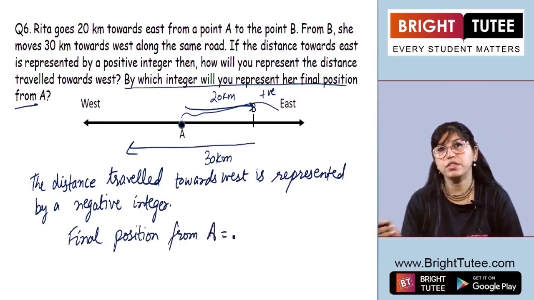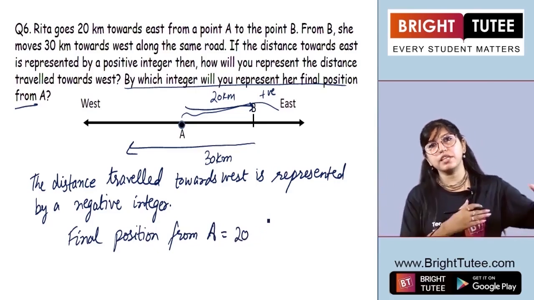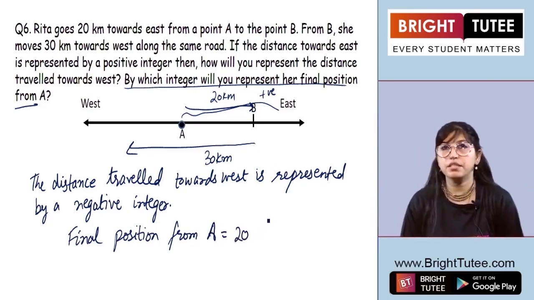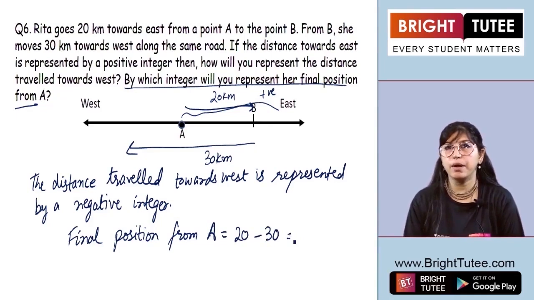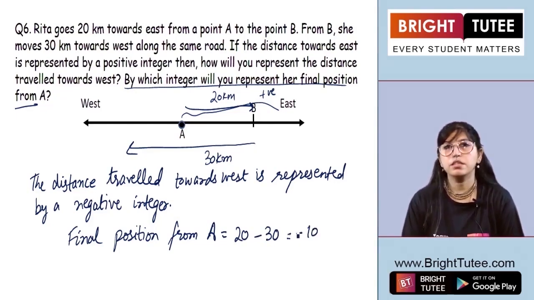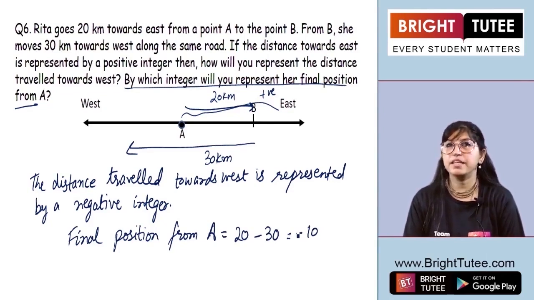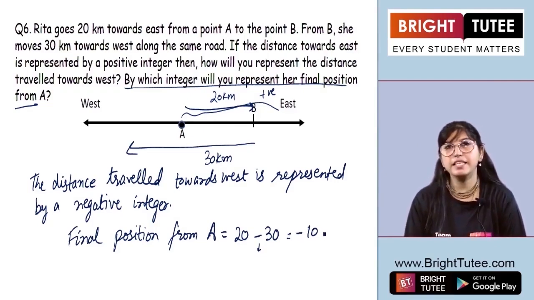We have moved to the positive side, that means we'll be adding 20 km. Now we move to the left hand side, we'll be representing it as a negative integer. So that will be minus 30. Now if we have plus and minus together, we'll subtract both of them and we'll take the sign of the greater number, which is minus in this case. So the final position from A is minus 10.